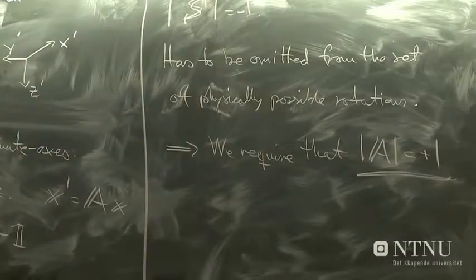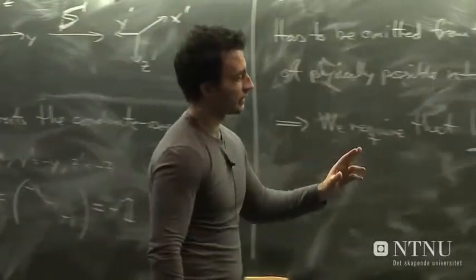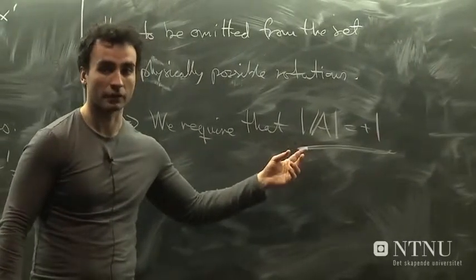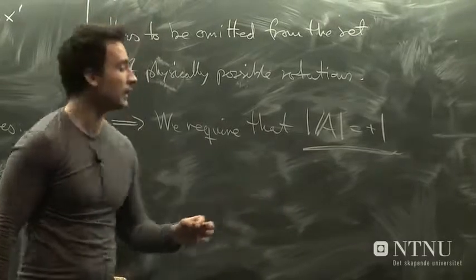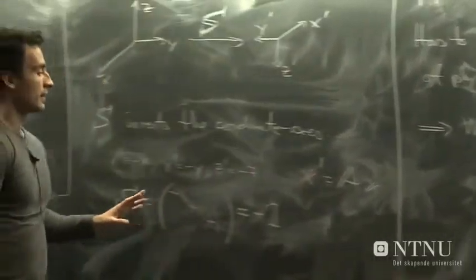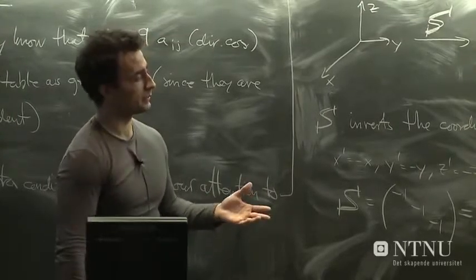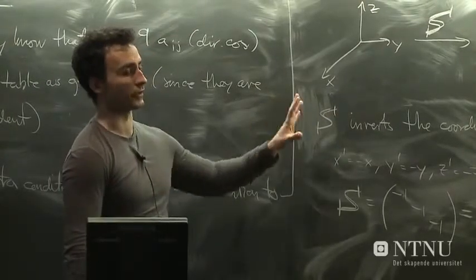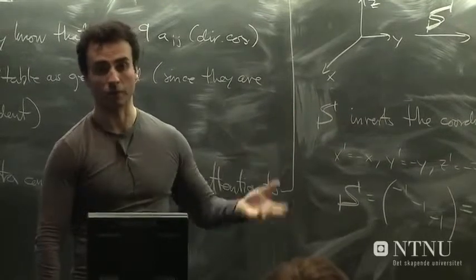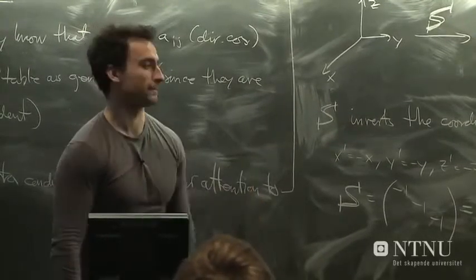So that's our extra condition. We have 3 independent generalized coordinates, but they must be such that the determinant of the transformation matrix is equal to +1, because we've seen here that -1, which is a possibility for orthogonal matrices, corresponds to an inversion of the system axes, which is impossible to obtain from a physical rotation.